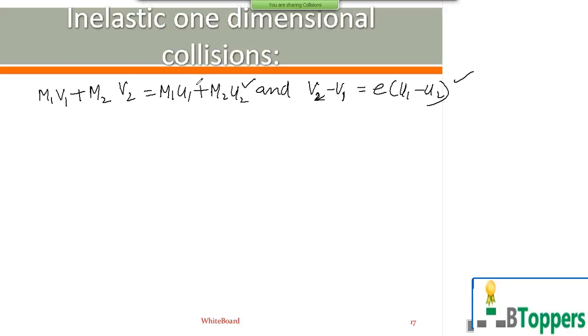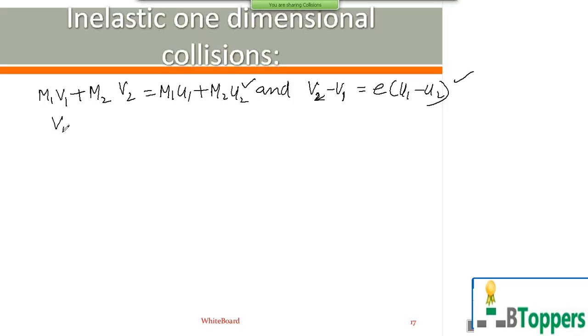You need not try to remember the expressions for V1 and V2, which I am going to write now, but I would like to write the results which you get if you solve these two equations in letter notation.